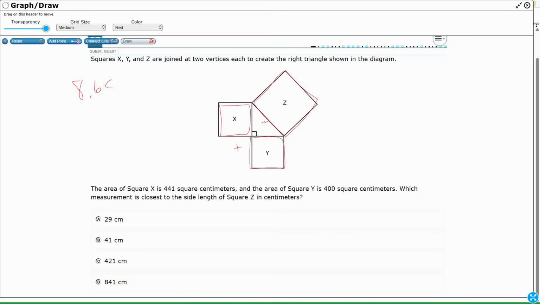That's what we're talking about. So the area of square x is 441. The area of square y is 400. Which measurement is the closest to the side length of square z?